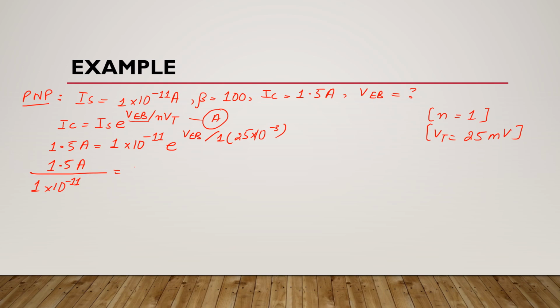We have VEB divided by 25 into 10 raised to the power minus 3, and now this is 1.5 into 10 raised to the power 11 is equal to e raised to VEB divided by 25 into 10 raised to the power minus 3.